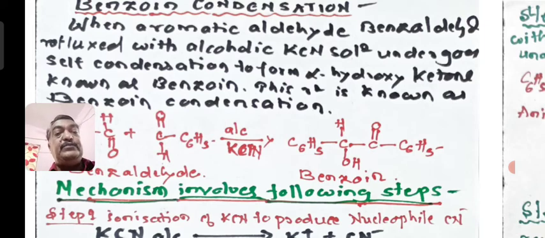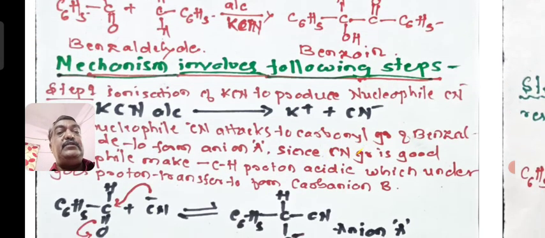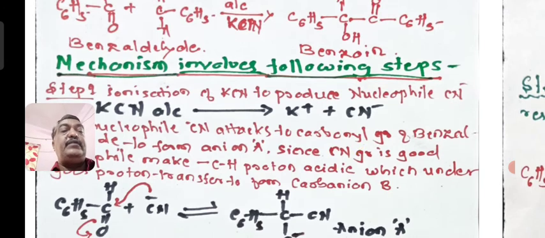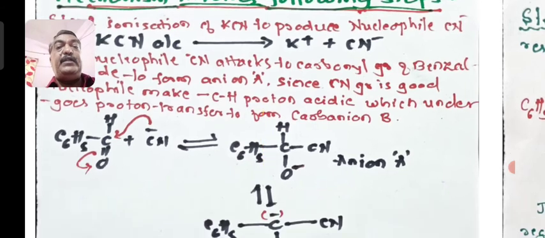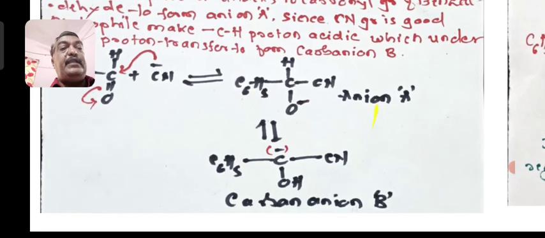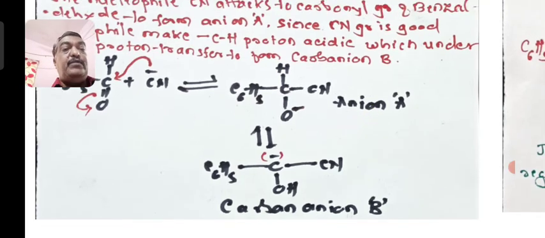Right? So the mechanism for this reaction: potassium cyanide undergoes ionization to give K plus and CN minus. And in the first step, what happened? Benzaldehyde comes in contact with the CN minus. So CN minus goes to the carbon and oxygen shifts electrons, making anion A. This anion A further is going to form the anion C6H5 C CN OH.